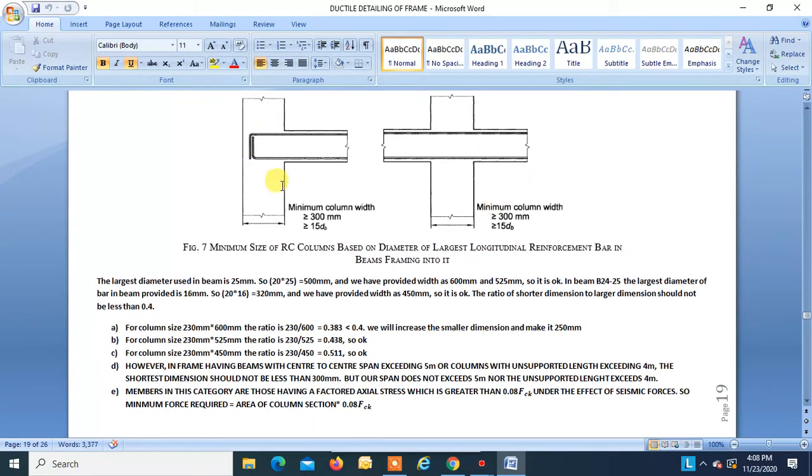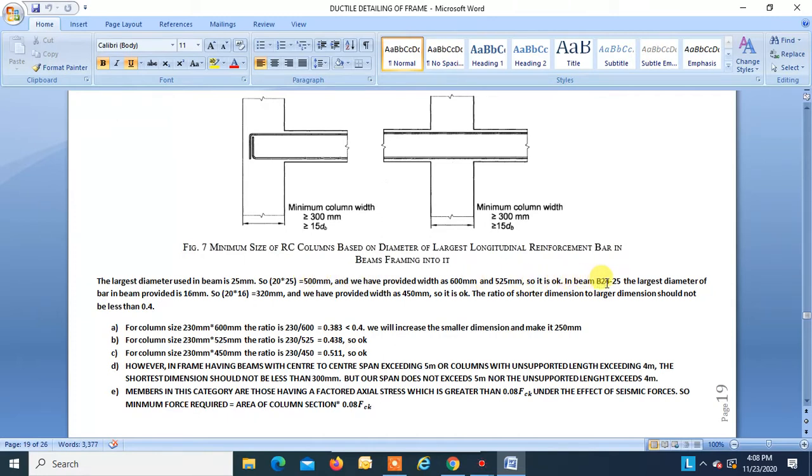This is shown in the figure. The largest diameter used in the beam of size 230 by 525 mm is 25 mm, so 20 into 25 is 500, and we have provided the width of the column as 600 and 525 mm, which is greater than 500 mm, so it is okay.